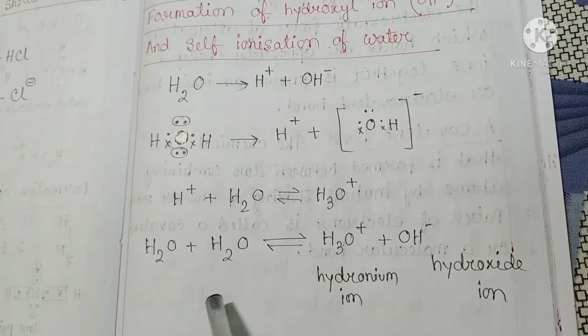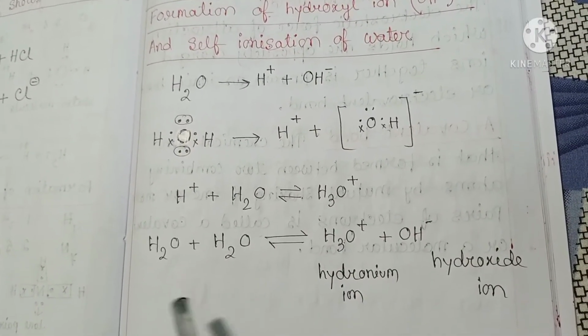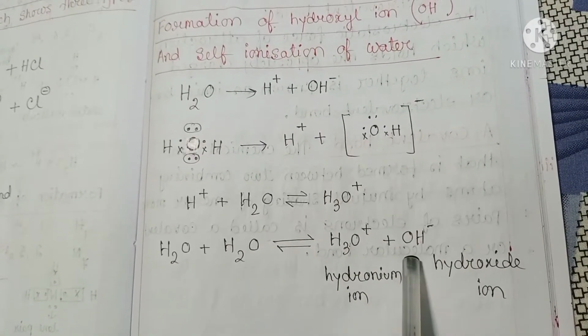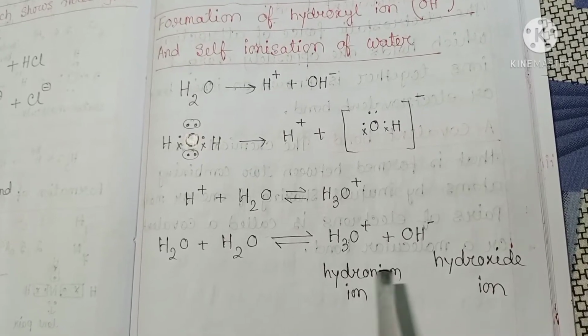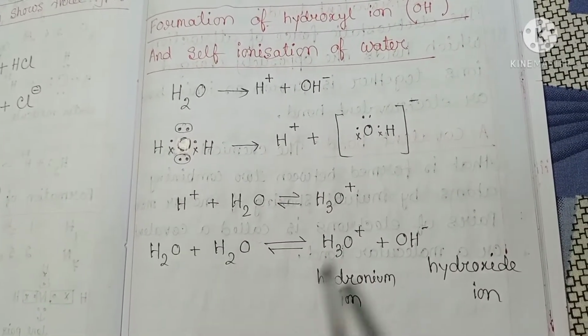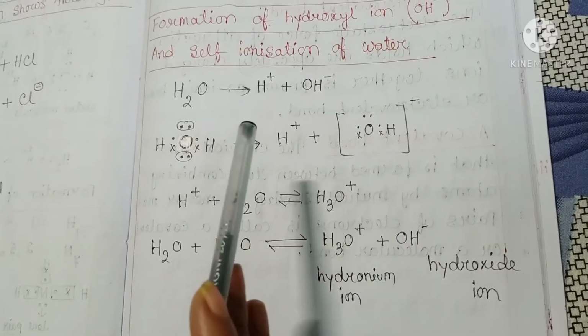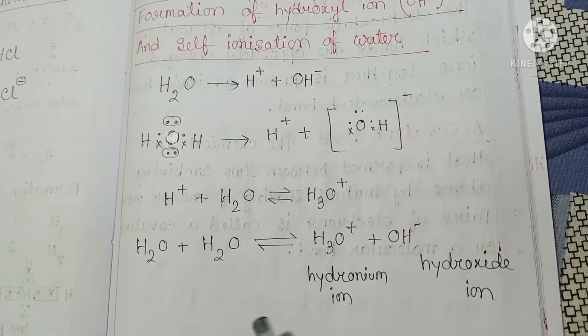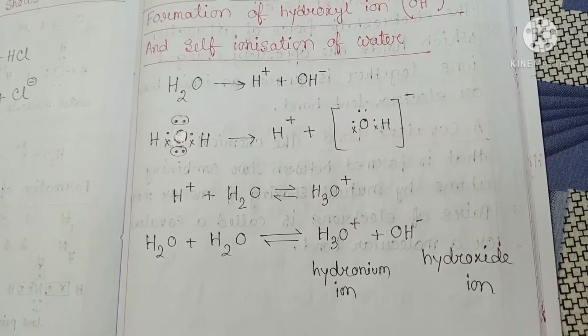Formation of the hydronium ion has already been discussed. Thus, H3O plus and OH minus ions are formed by water molecules. So this is the formation of hydroxyl ion and self-ionization of water, and this is all about the chapter of chemical bond. Thank you.